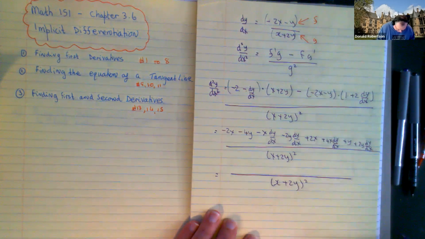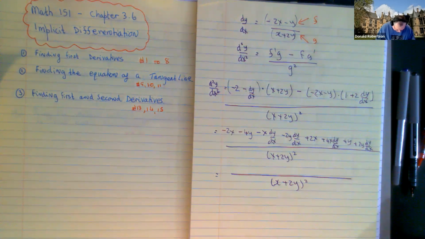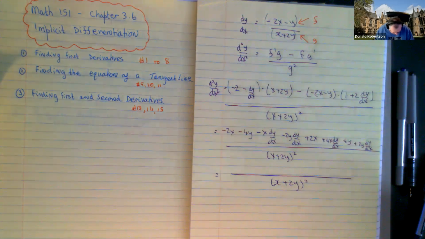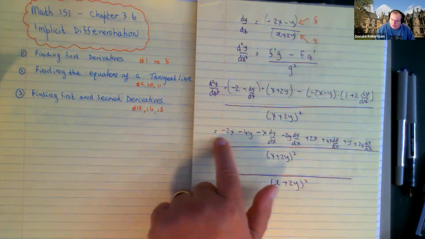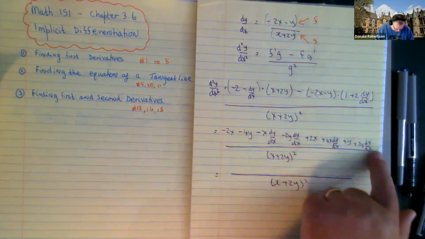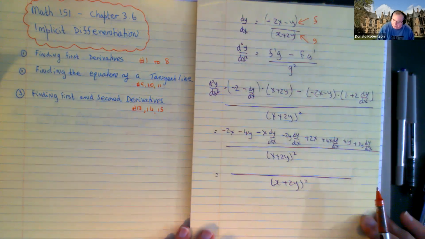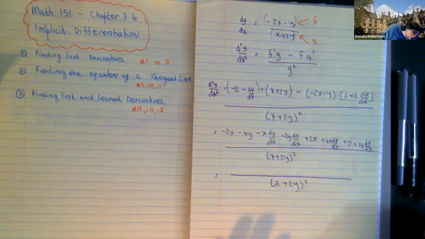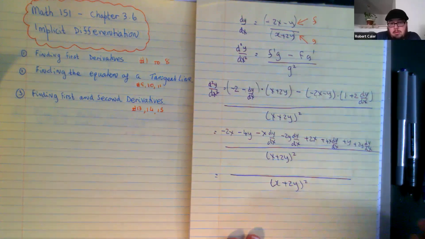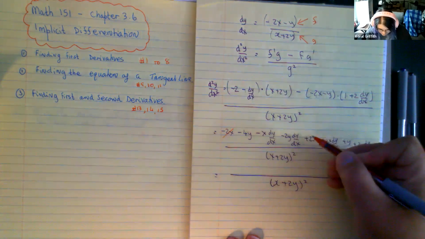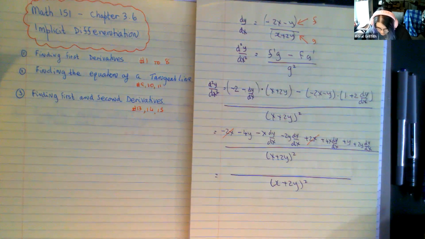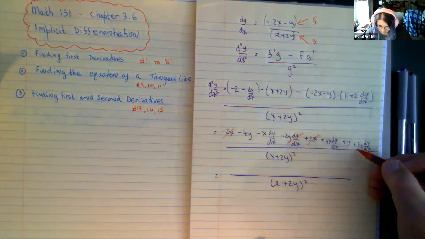Now, at this point in time, would you agree it would be a good idea to collect like terms, see if anybody cancels? So can you see anything that cancels out with anybody else from this big list of, what, 8 different terms? Negative 2x, positive 2x, okay, agreed. Negative 2y dy dx, and positive 2y dy dx. Agreed.